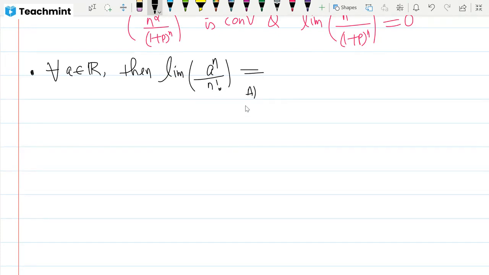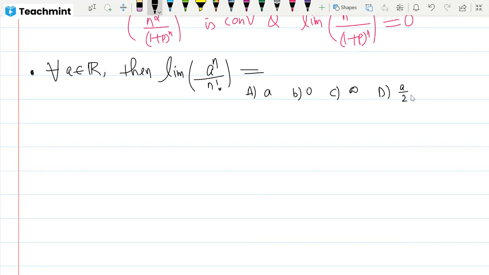Option A is a, option B is 0, option C is infinity, option D is a over 2. I will spend 1.5 minutes on this one.